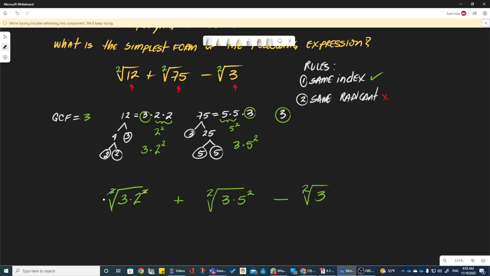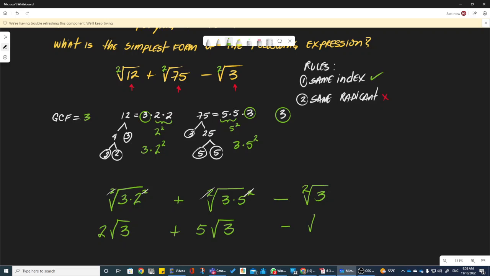this one has the right key, so the 2 gets out and only the 3 stays in. This one, the 5 has the right key, so the 5 gets out and only 3 stays inside.